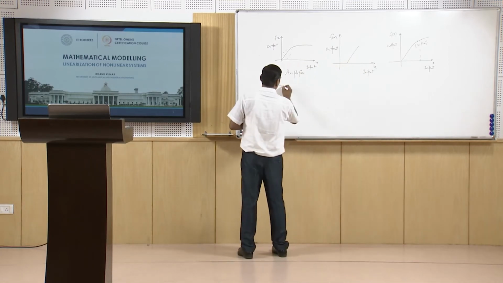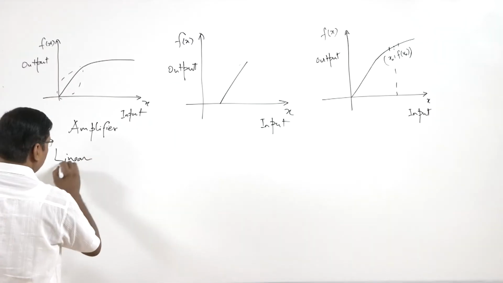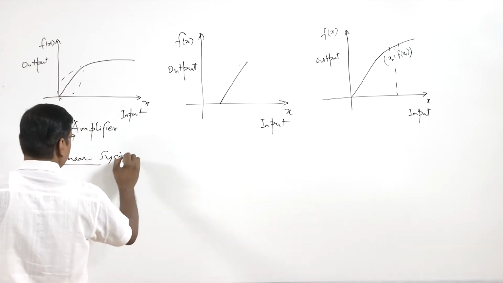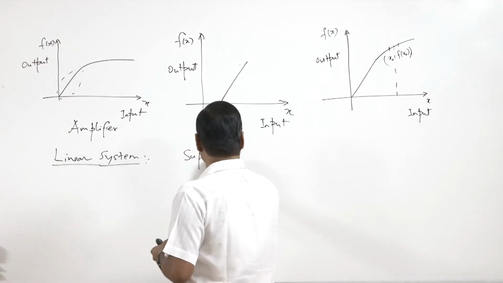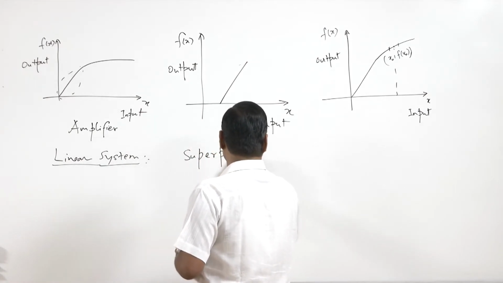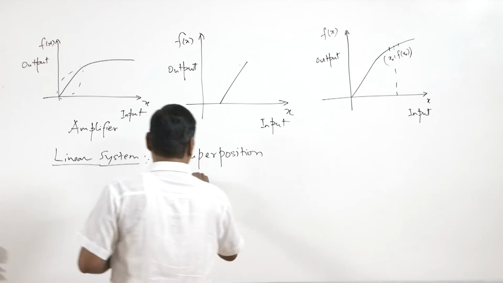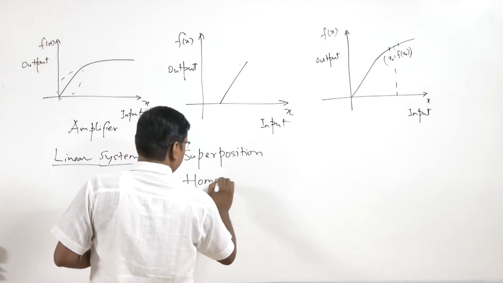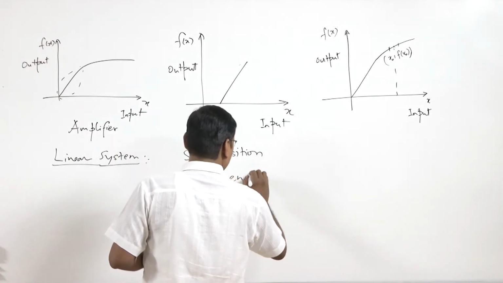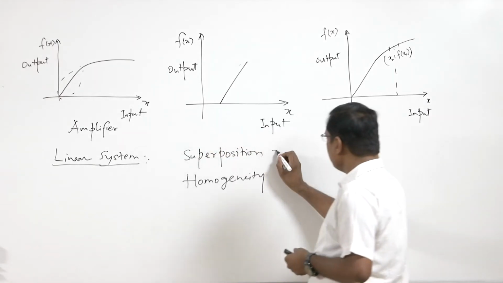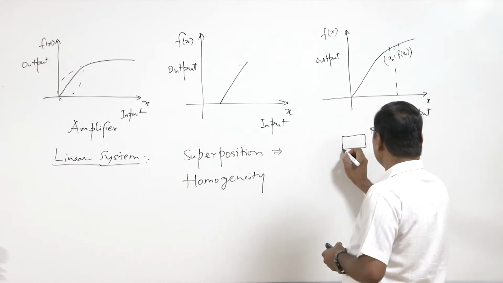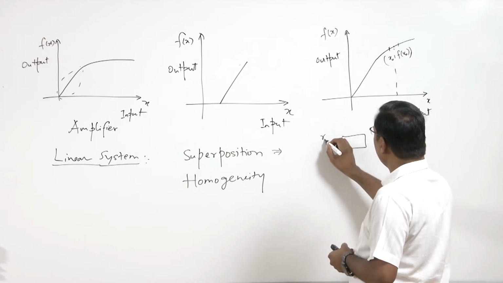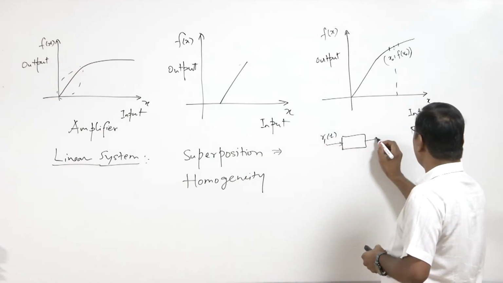So a linear system has this property, that is superposition and homogeneity. So what is superposition? If I have a linear system, I give an input and I get some output.